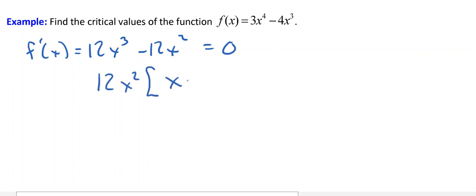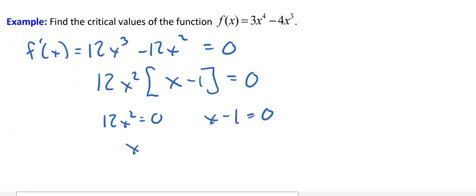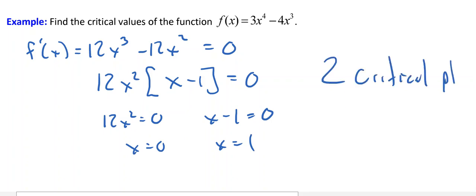That will leave me with x minus 1 equals 0. We then set both factors equal to 0. And so we get x is equal to 0 and x is equal to 1. So we have two critical points, or two critical values, at 1 and 0.